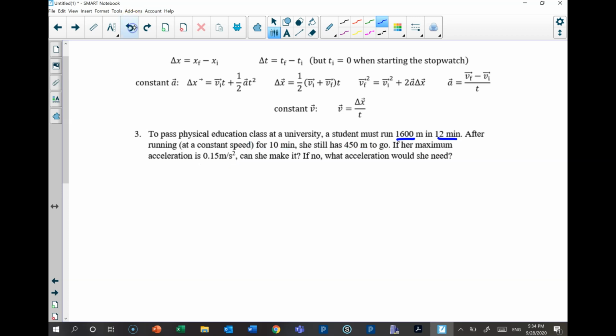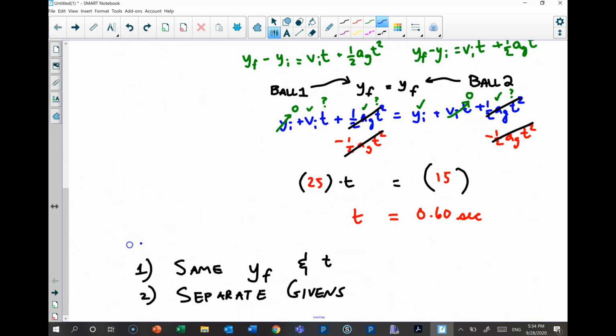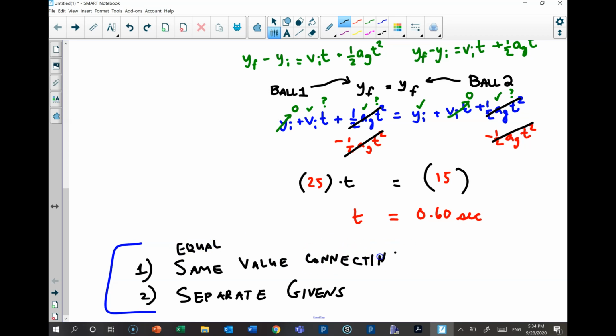Okay. This again, let's look back to the original advice. Does any of this help? Look for the same value or equal value, connecting two different objects. That's one trick we've used.